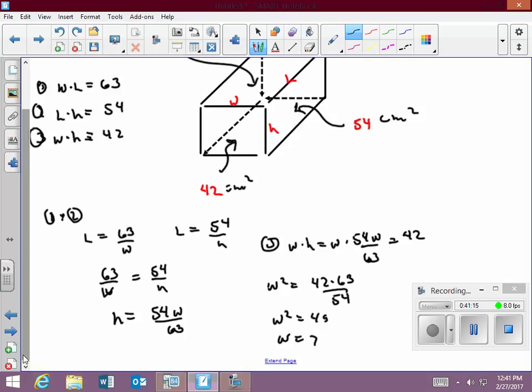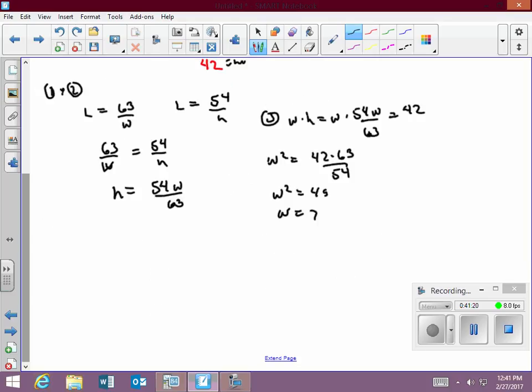And then I can get height here, 54 times 7 over 63. That's 54 over 9, isn't it? And that's 6, isn't it? So height is 6. So now I got w equals 7, height equals 6.